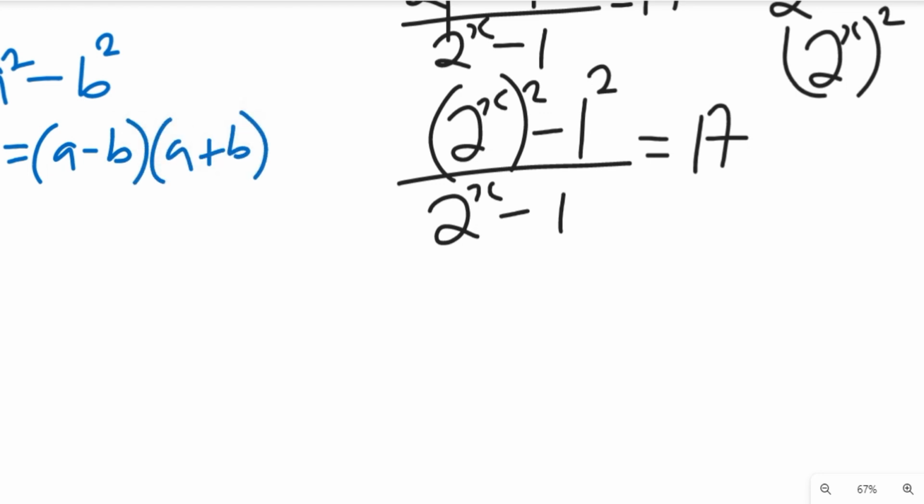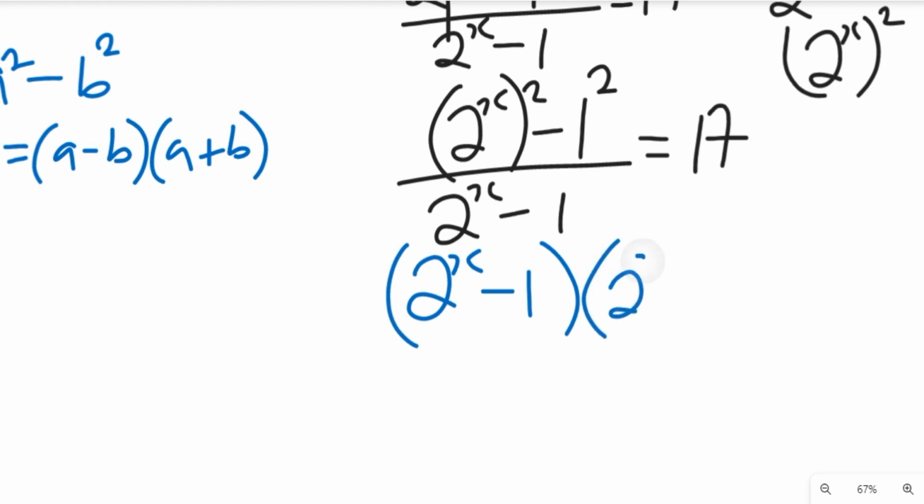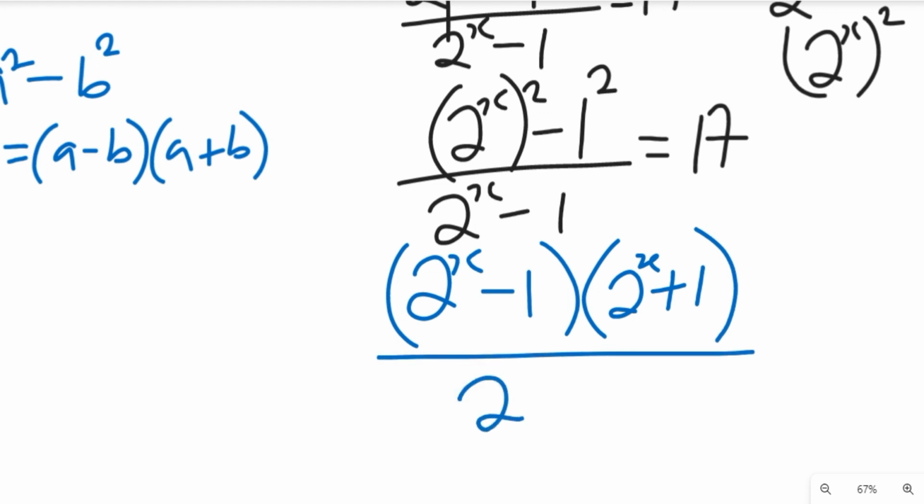So we're going to use the algebraic formula to simplify that expression. That will give us 2 to the power of x minus 1 on one side, and 2 to the power of x plus 1 on the other side, all divided by 2 to the power of x minus 1, equal to 17.